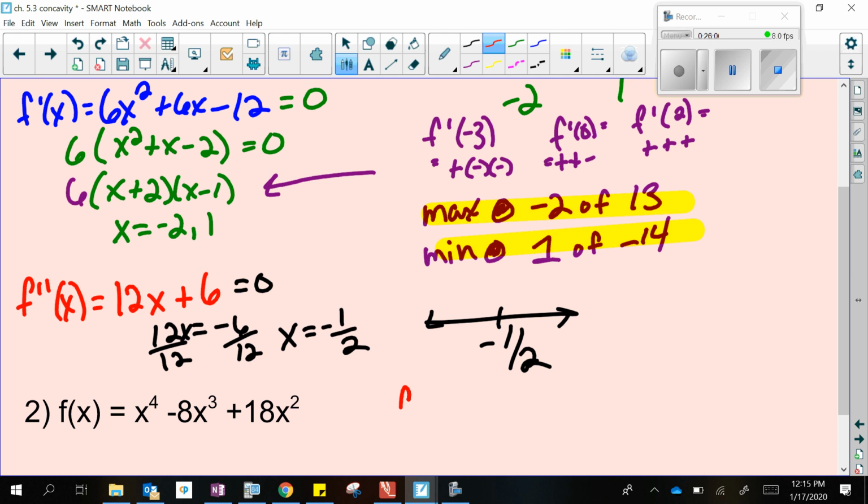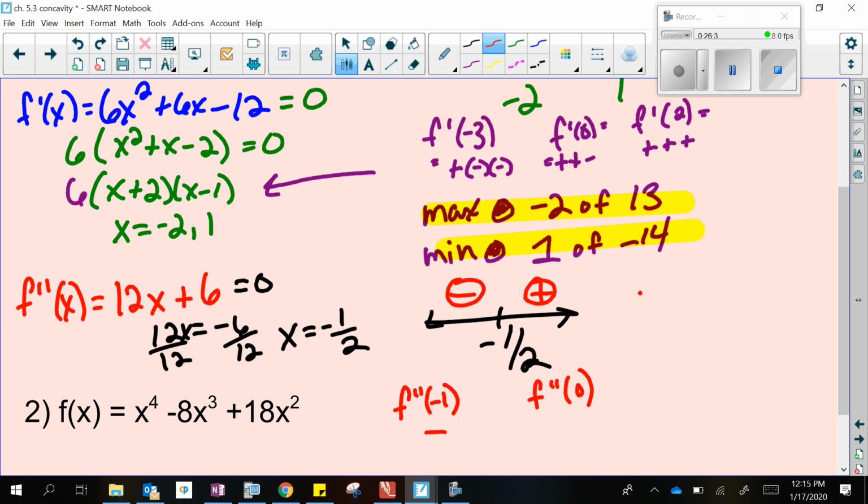We're only interested in whether it is positive or negative. Negative 12 plus 6 gives us negative. Then we can choose 0 for our second one, and it would be positive.